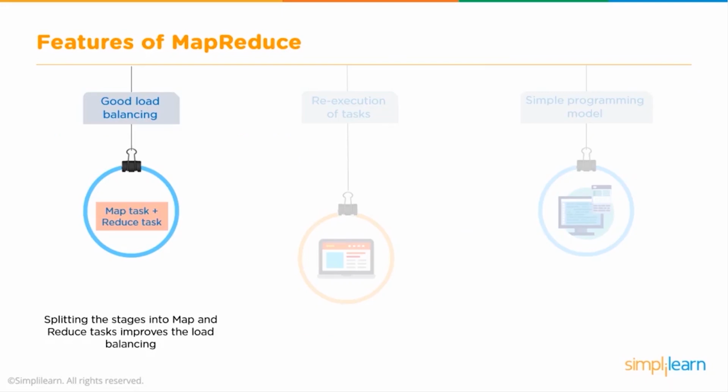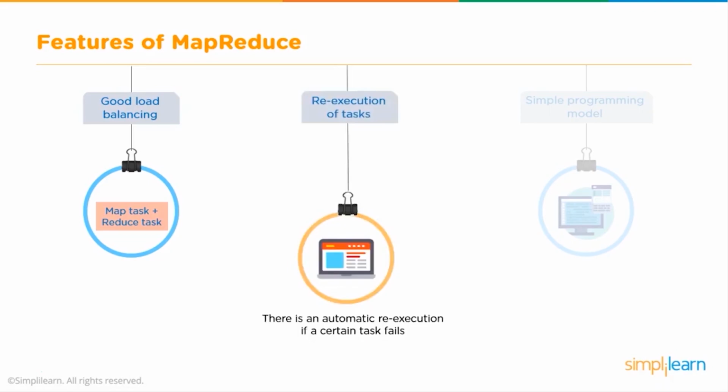So when you talk about MapReduce, it has good load balancing. So you have map and reduce tasks. Now remember, your map tasks have to complete before the reduce tasks can start. Now the data splitting is done by the framework. The splits are worked upon by map tasks, and your reduce tasks would then work on the output of map tasks.